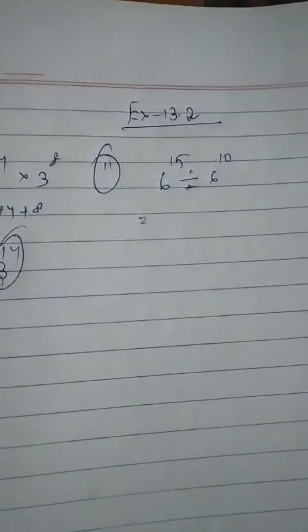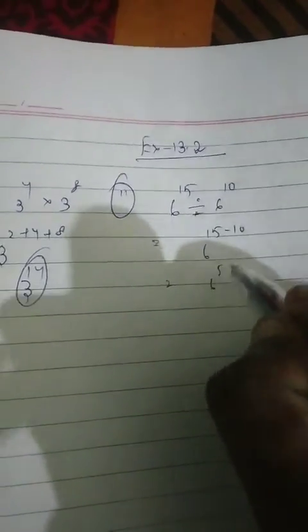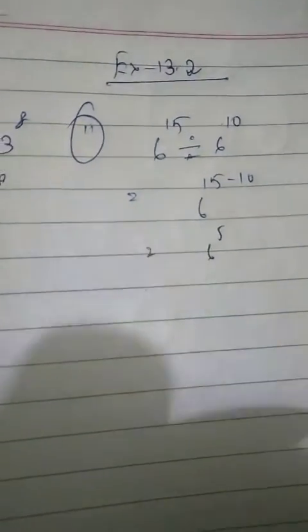Whenever we have the same base in division, the powers always get subtracted. So 6 to the power 15 divided by 6 to the power 10 will be 6 to the power 15 minus 10. The answer is 6 to the power 5.